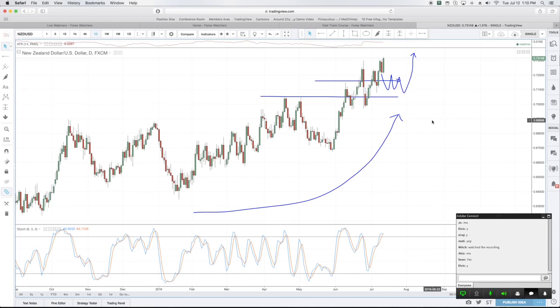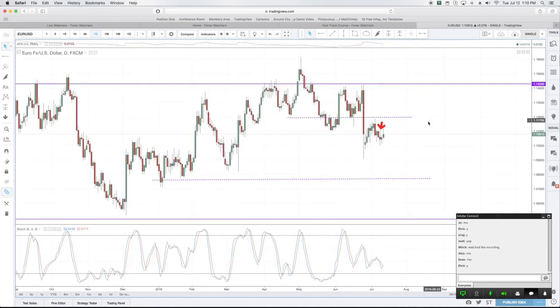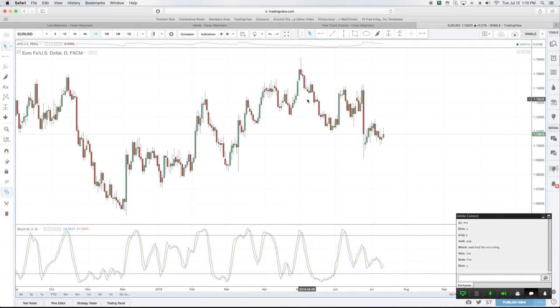Okay. Alright, so back to Euro USD. Let me close all this. Alright, let's take a look at this now. Okay, so divergences on this one. Now, what's this? Is that a divergence?